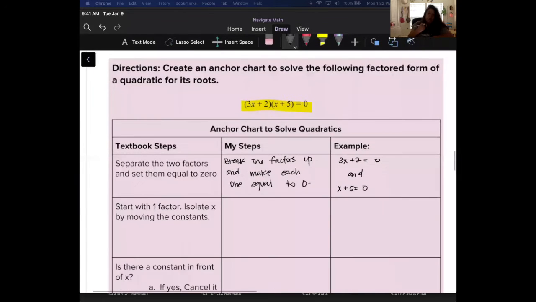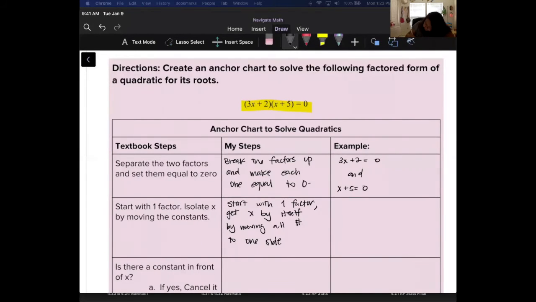Now I'm going to start with one factor and isolate x by moving the constants. What this means in my own words is I'm going to start with one factor and I'm going to get x by itself by moving all numbers to one side.